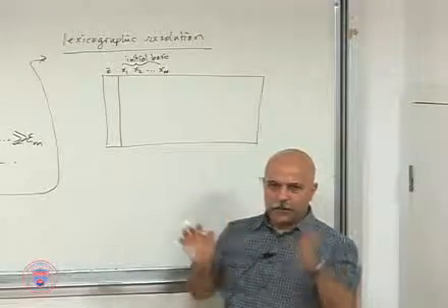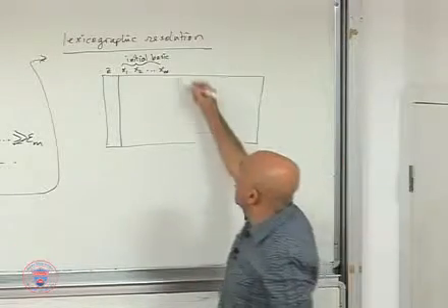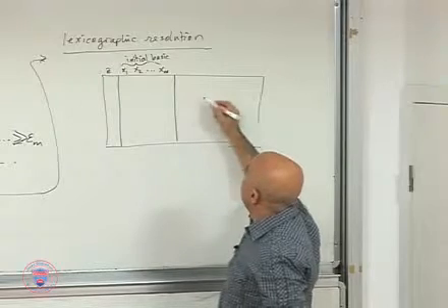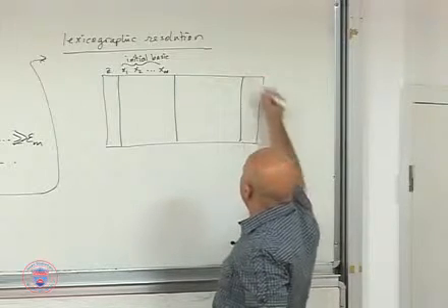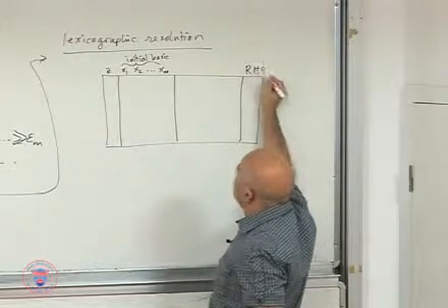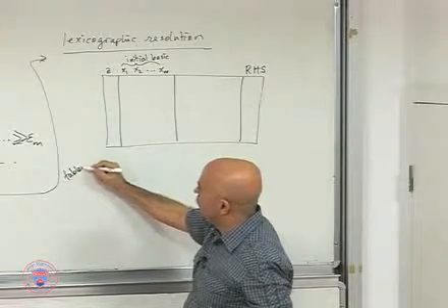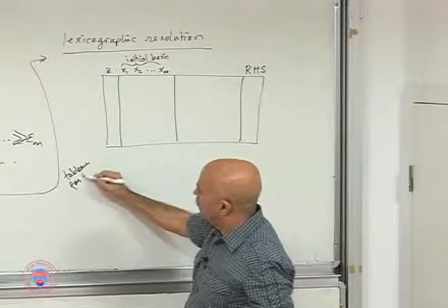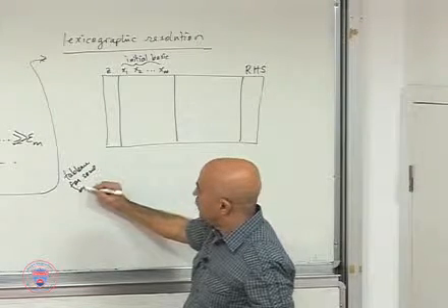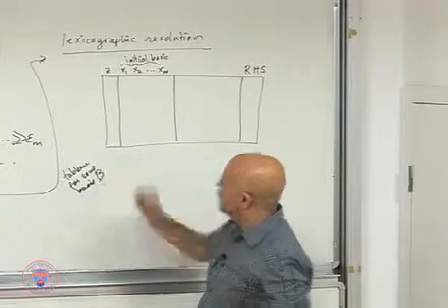I'm just assuming that they are the first m variables. So I'm separating that out. And this is the tableau for some basis B. Okay?